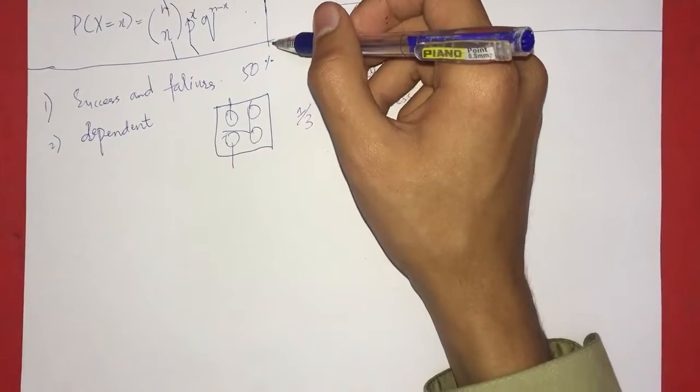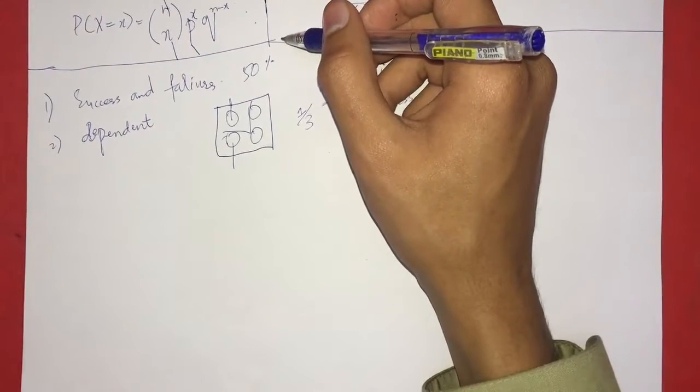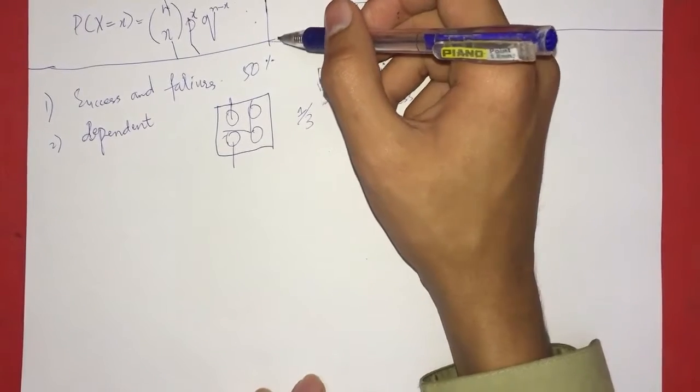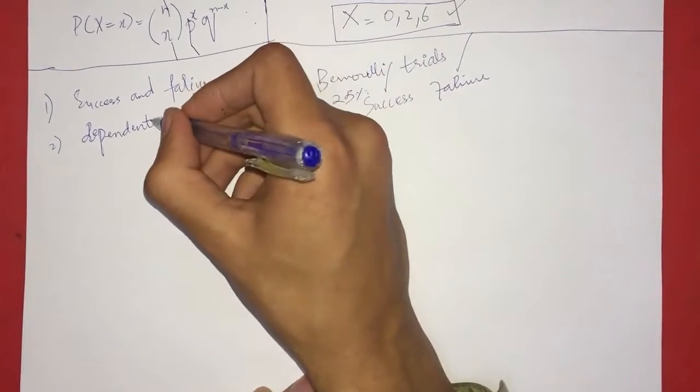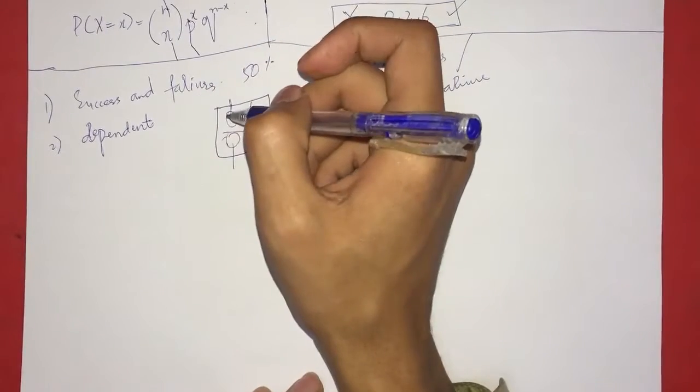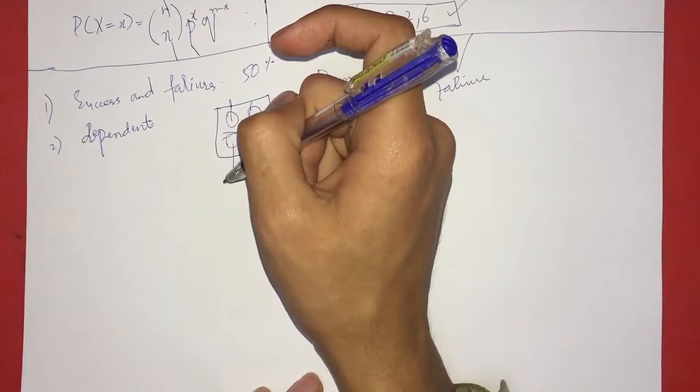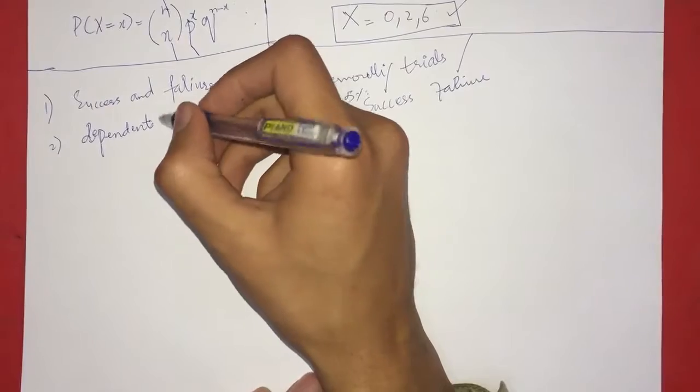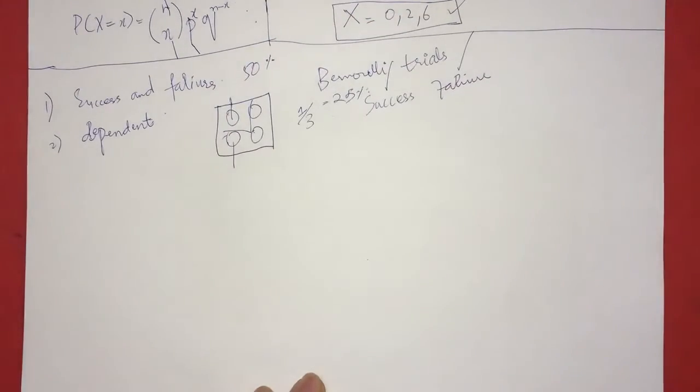The probability is now different from what we had earlier. That is what is meant by dependent and independent trials, where the probability of one trial depends on another trial.